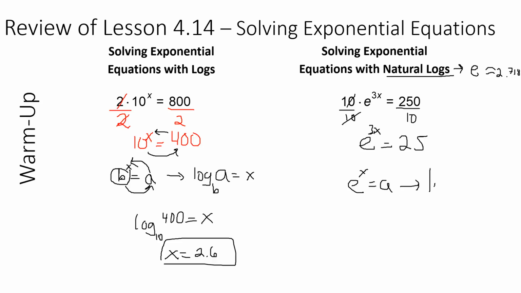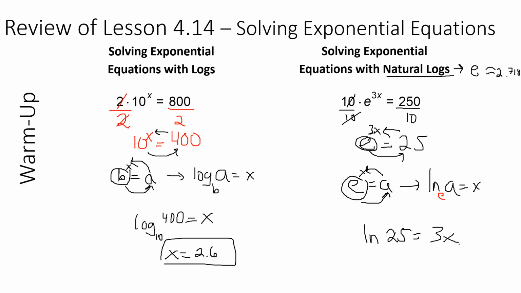In case you haven't really understood, the e is technically the base of the natural log, except that we usually don't put the e there because we always just assume that it's invisible, since the natural log and the e go together. So the e is your base, the a is what's inside of the natural log, and the exponent is what it's equal to. So in this case, we will write natural log, with invisible e here, natural log of 25 is equal to 3x.